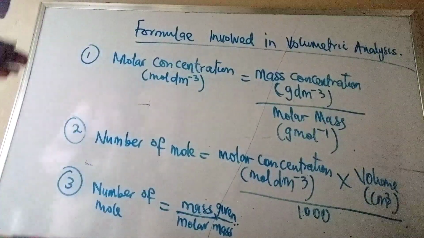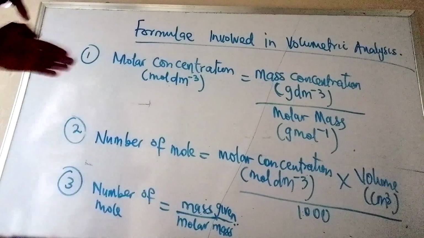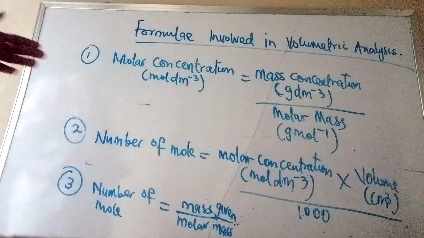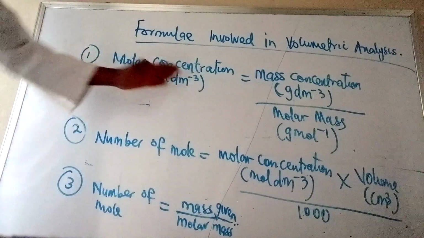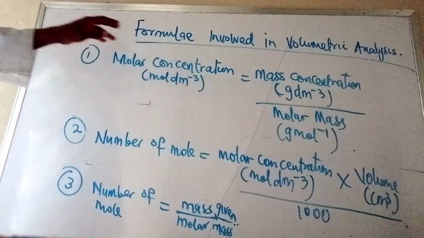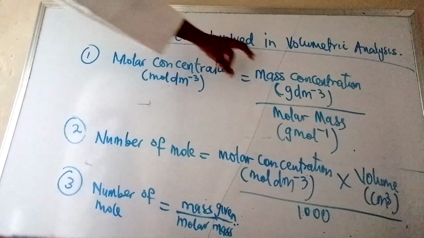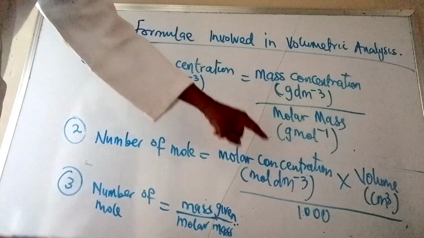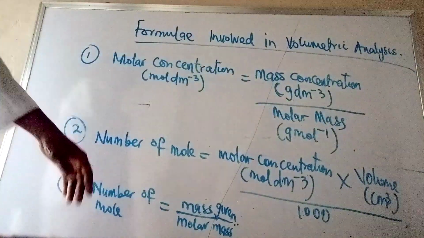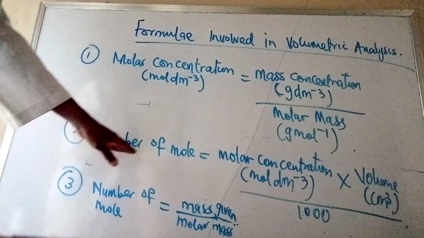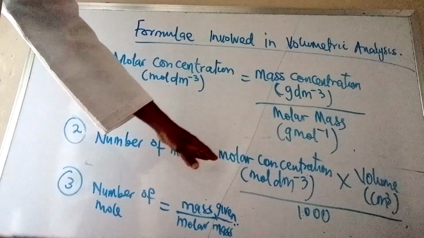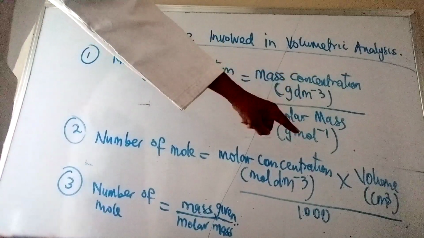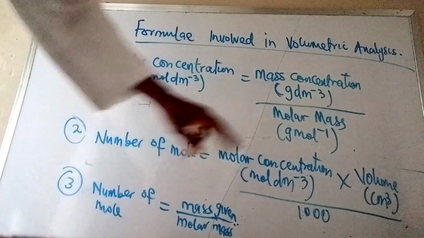Now, these are the formulae that we shall be using under this topic, volumetric analysis. Molar concentration in mole per dm cube is mass concentration in gram per dm cube divided by molar mass in gram per mole. Number of moles is molar concentration in mole per dm cube multiplied by volume in cm cube, divided by 1000.